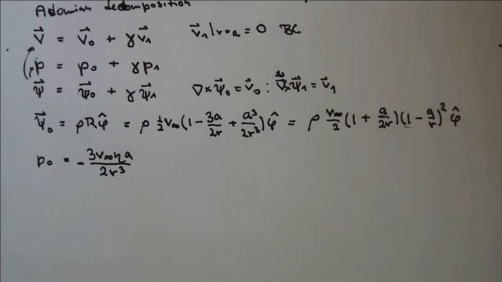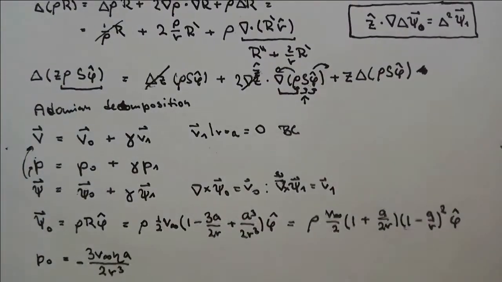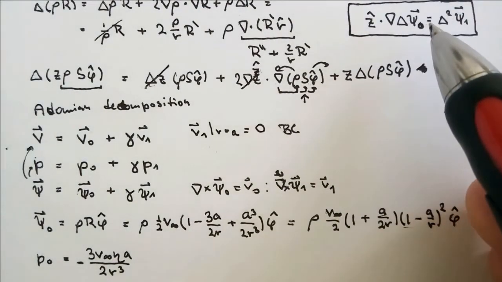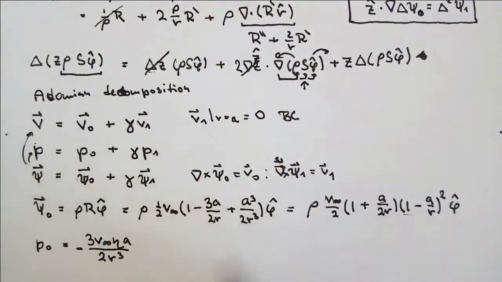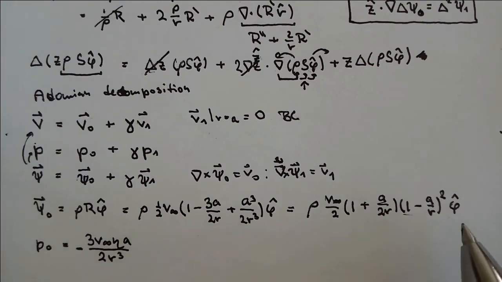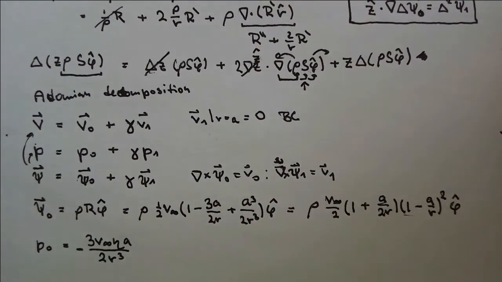So next we will basically compute, because we need to compute this Laplacian of psi 0. We have to compute this Laplacian, before. So what to do? It's really not hard to do. It's really not.